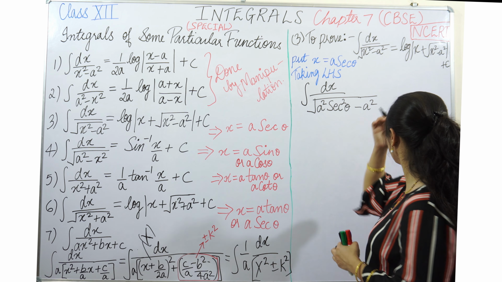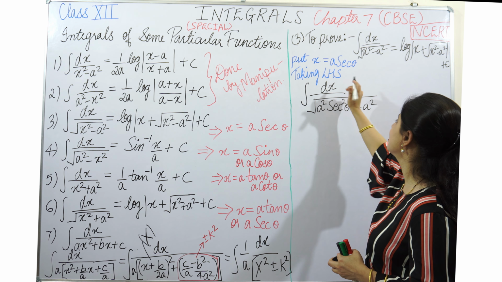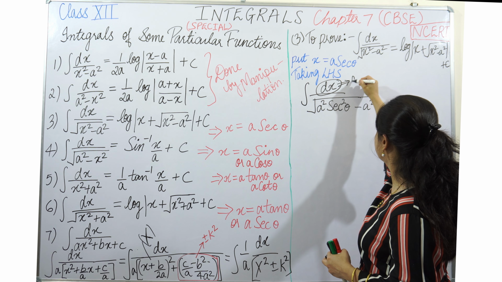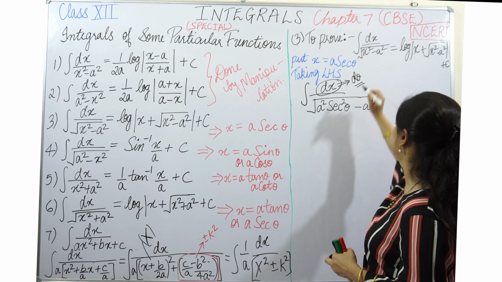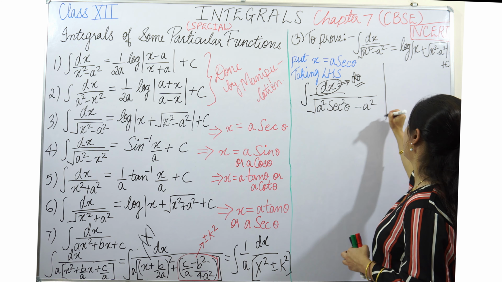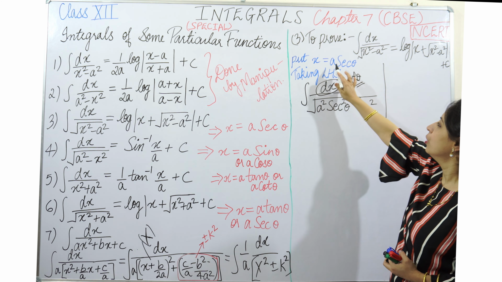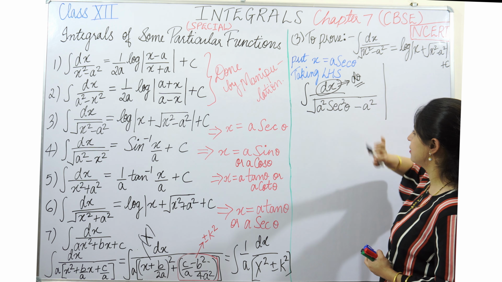Okay, so this dx will also be substituted with d theta. So let us see how it is substituted. So x is equal to a sec theta.